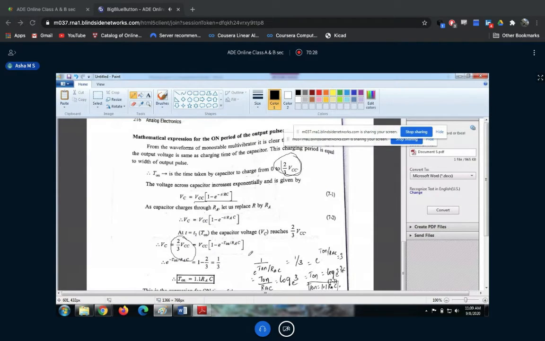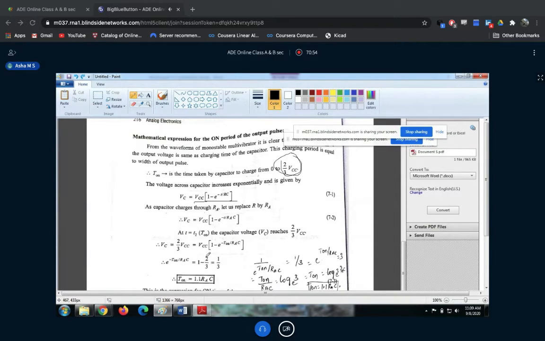To simplify, VCC on both sides gets cancelled. Then you will be left with e to the power of minus Ton by RA C, and the 2 by 3 will come to the RHS. 1 minus 2 by 3 will give you 1 by 3.